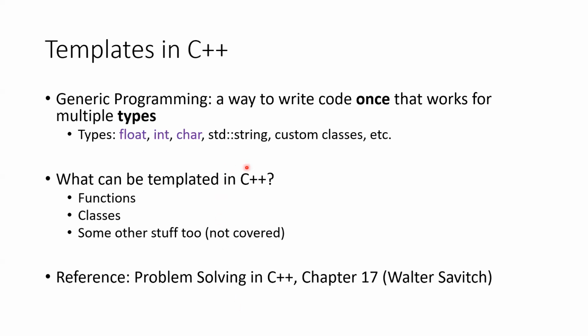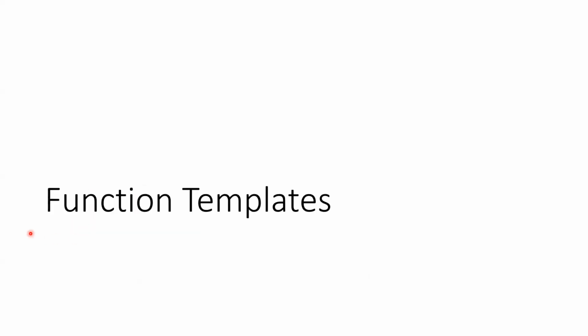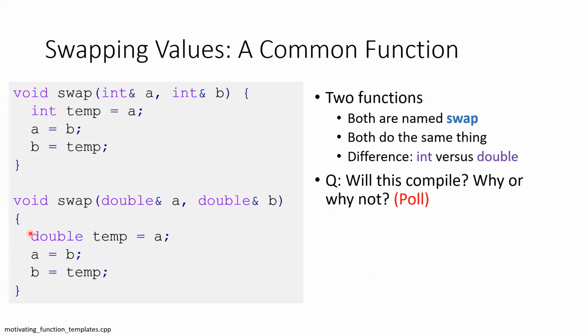And what can be templated in C++? I'm going to cover functions and classes and some other stuff. For function templates, let's consider a common function swap, where you're having two parameters passed by reference, and in this function, you're just swapping the values in them.